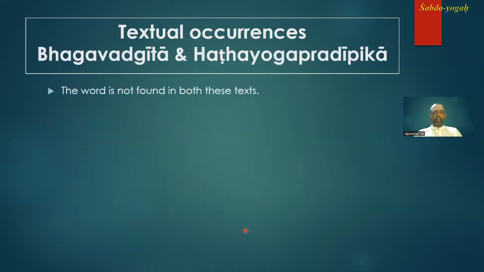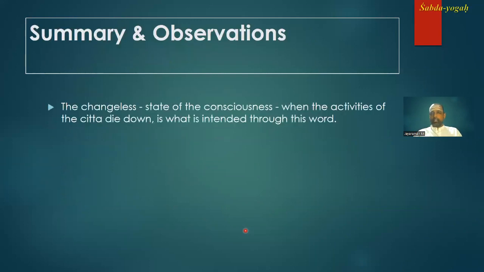And in Haṭha-yoga-pradīpikā and Bhagavad-gītā, we don't find the expression at all. So, we see from the commentary and also the context, the changeless state of pure consciousness, awareness, when the activities of chitta die down by chittavritti nirodha, that is what is intended through this word avasthanam. But what is the normal translation we see?